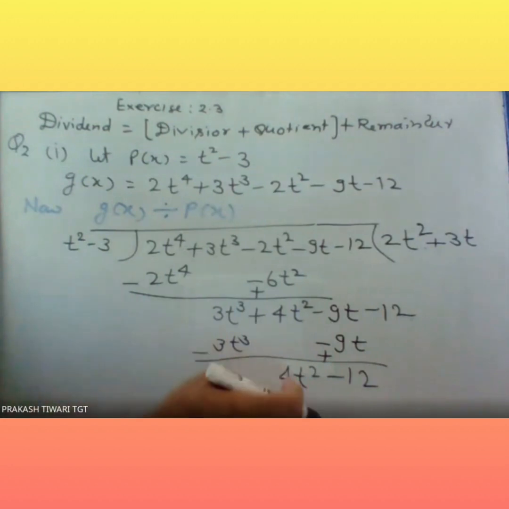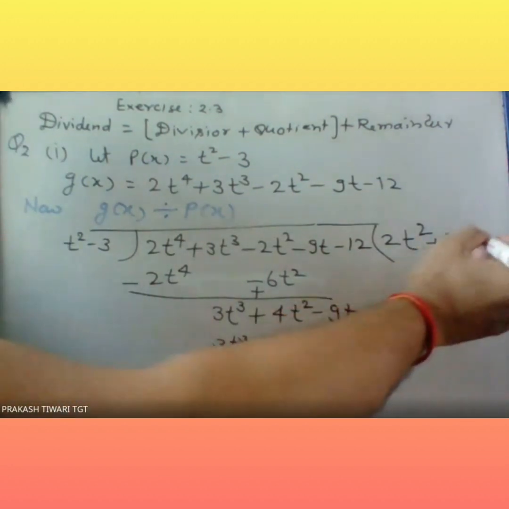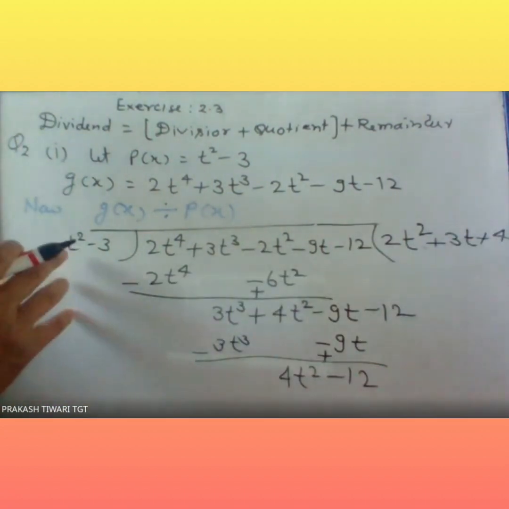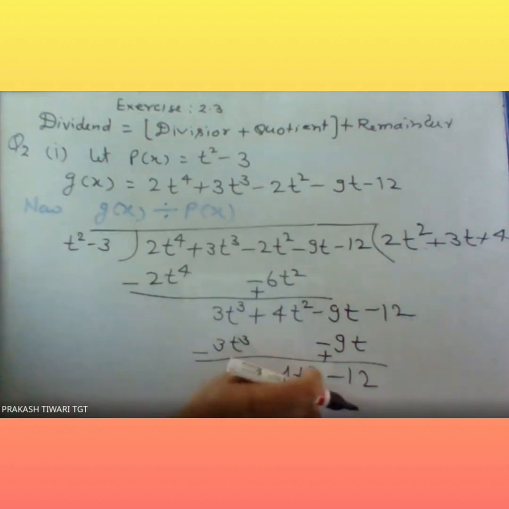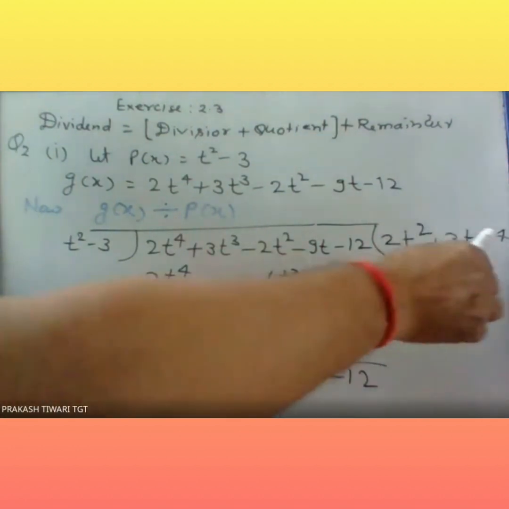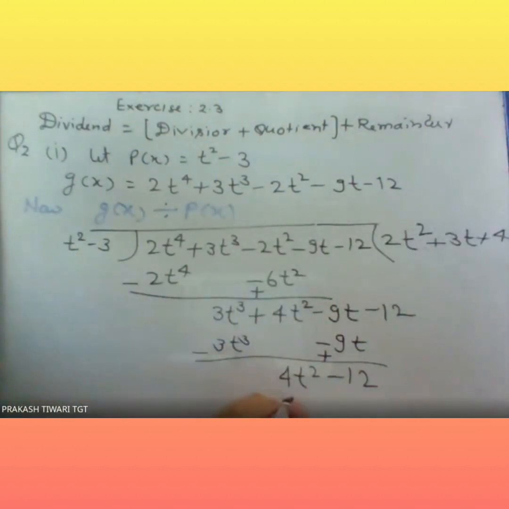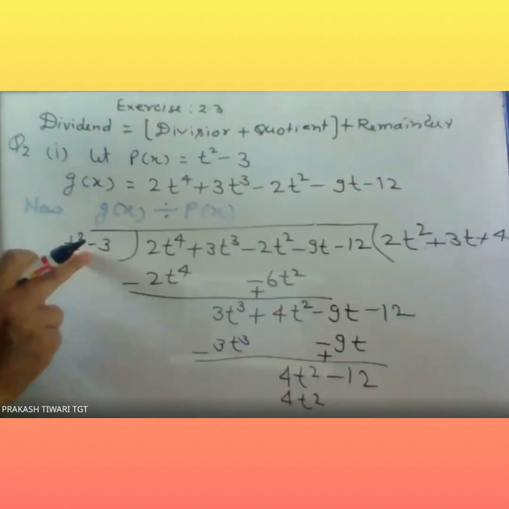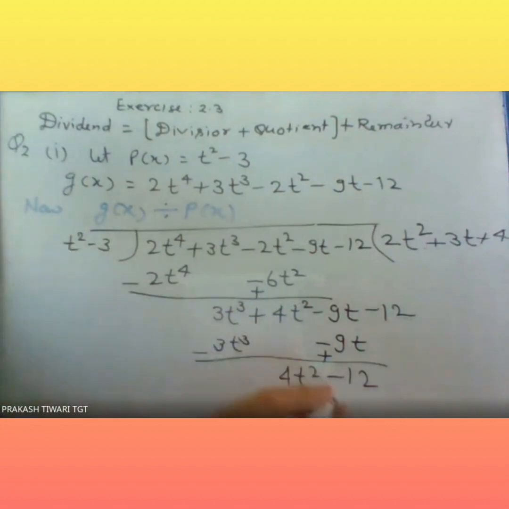Now again observe what is the coefficient. Coefficient is plus 4. So first of all you will write here plus 4. Okay, and then degree 2 minus 2 is 0, 0 means nothing. So 4 into t square, that is 4t square and 4 3s are 12 and sign is minus, so minus 12.